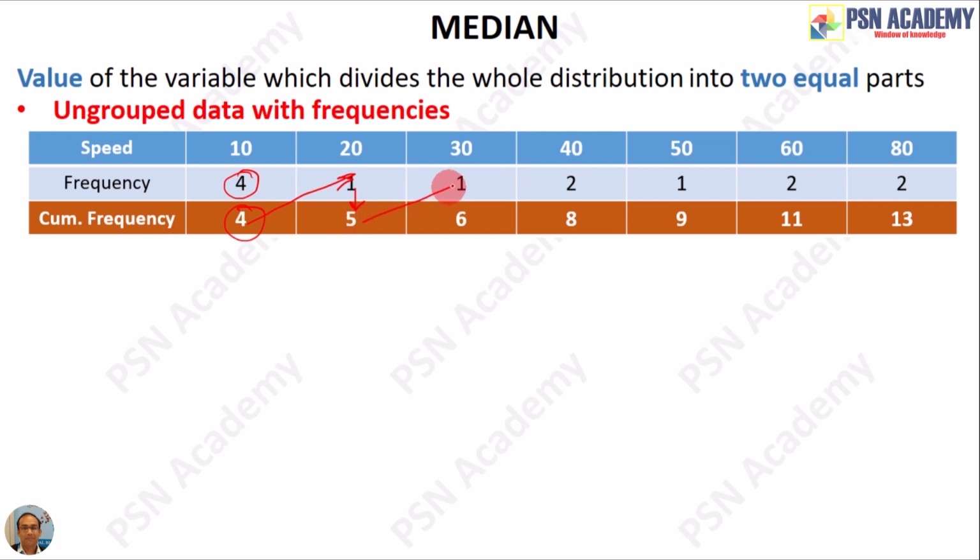Then this 5 will be added to this 1 to get 6. This 6 will be added to 2 to get 8, like this. You will notice here one thing, that the final value of the cumulative frequency is always the value of n, because ultimately it is the summation of all the previous frequencies in the dataset, right?